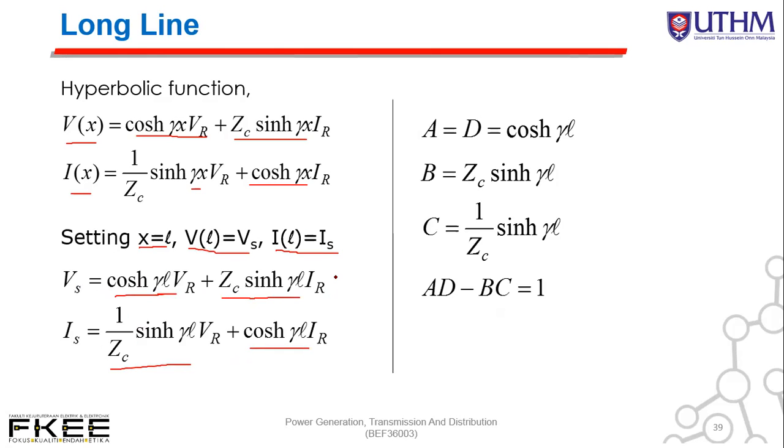So from here we can take out the A constant equal to the D constant, that is cosh(γL). The B constant is Zc sinh(γL), and C is nothing but 1 over Zc sinh(γL), where AD minus BC equal to 1.